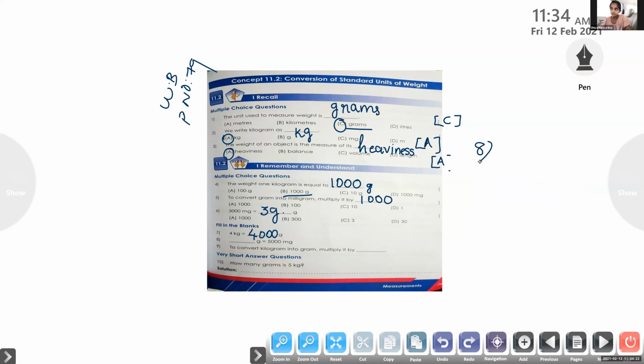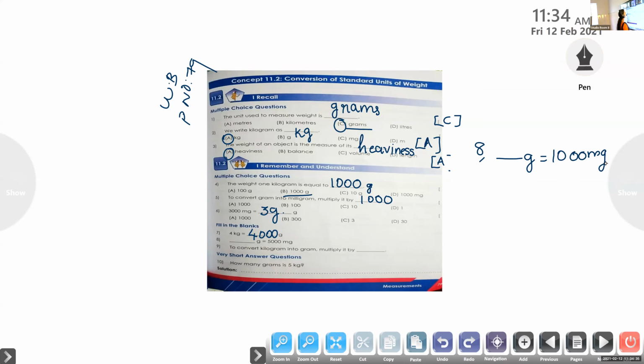My dear, 1 dash gram equal to, question number 8, dash gram equal to 1000 milligram. 1000 milligram equal to how much gram? No, don't check the question now. I am saying something else. 1000 milligram equal to how many grams? 1 gram.